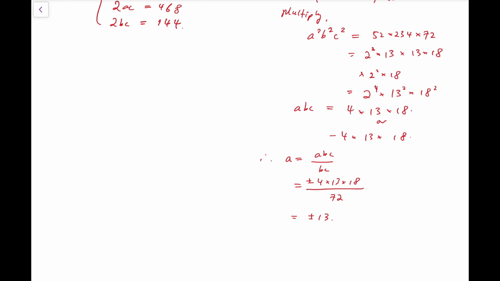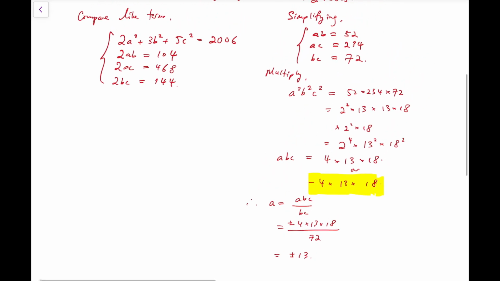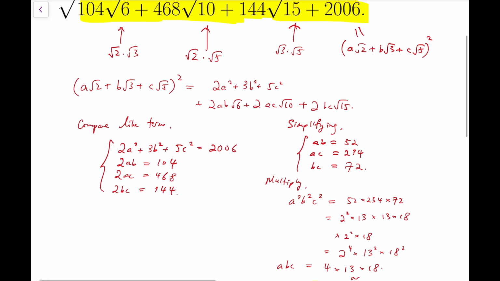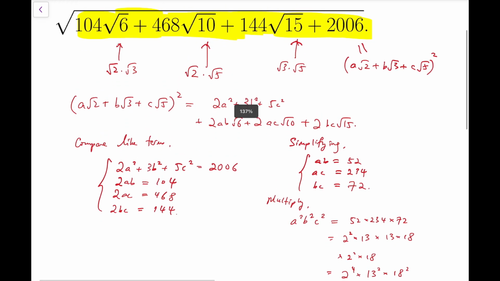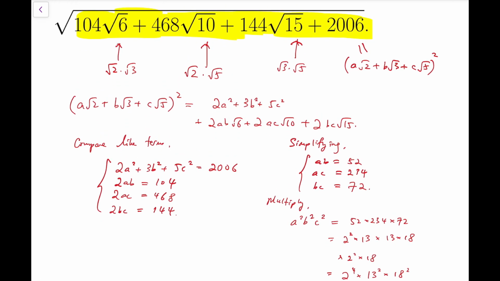we'll have a to be either 13 or minus 13. Now, if a is minus 13, which means that we've taken the negative case, the one in yellow, then by doing similar things on b and c, we'll have a, b, and c to be all negative. However, if a, b, and c are all negative, then by moving up, I'm actually saying that the square root of this number is a negative number, but that's wrong.